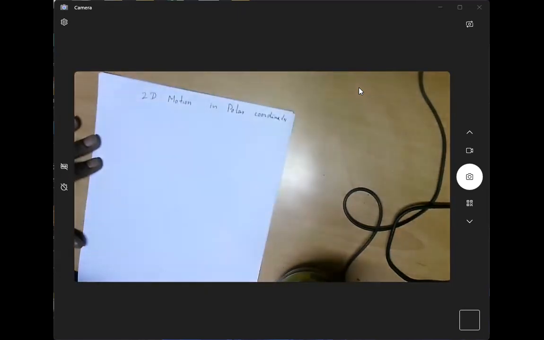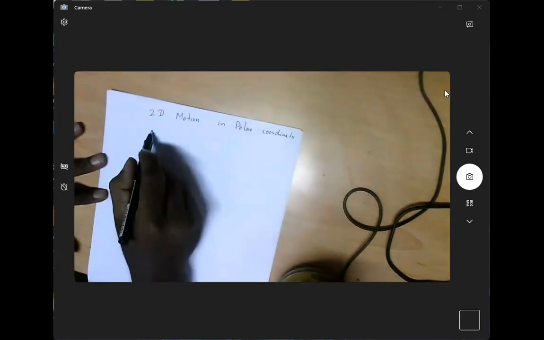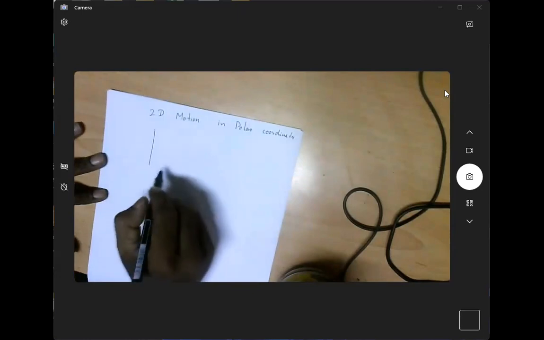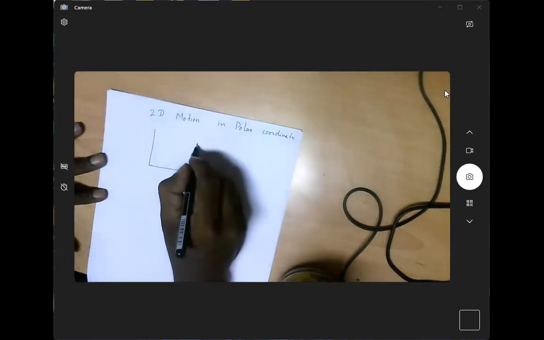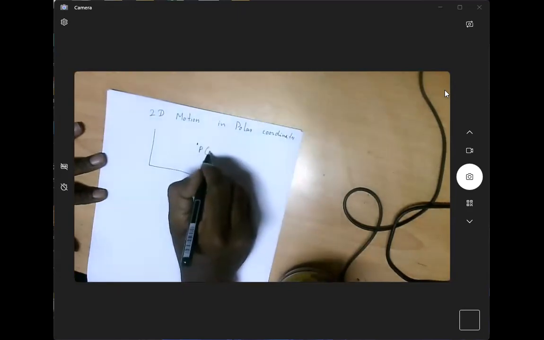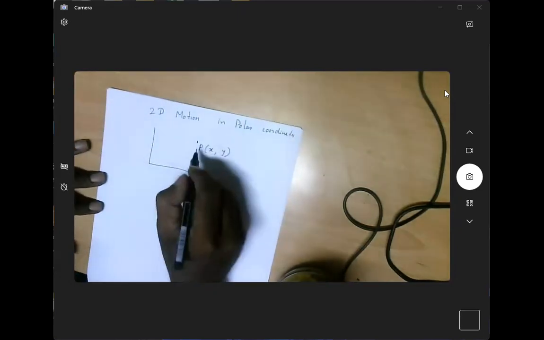So before moving on to study the motion, let's see how we are going to define things in polar coordinates. So we have a point or a particle at point P, and let's suppose its Cartesian coordinates are x and y.